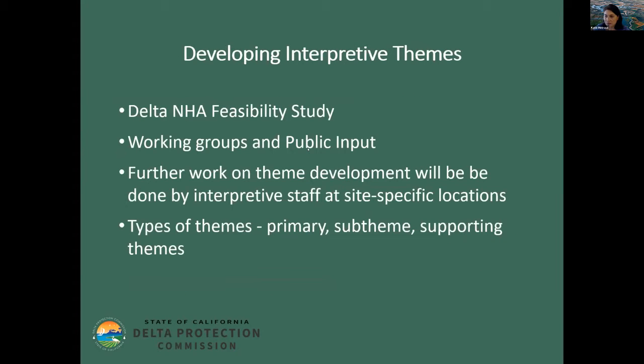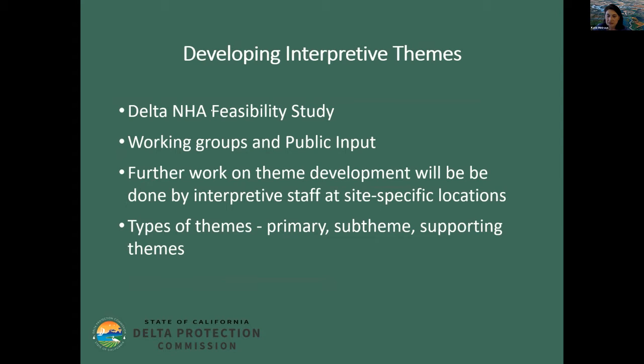So we had some work on some interpretive themes. As I said, a lot of you have already helped write and develop these themes, so they're not going to be new for you, but for the folks who haven't heard about it, I'll just go over them briefly.